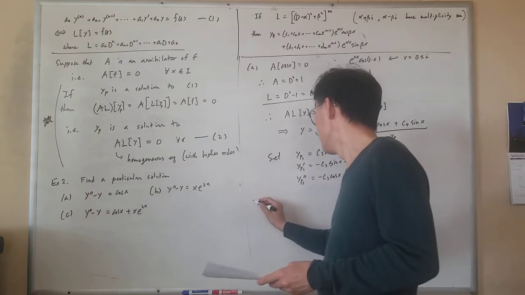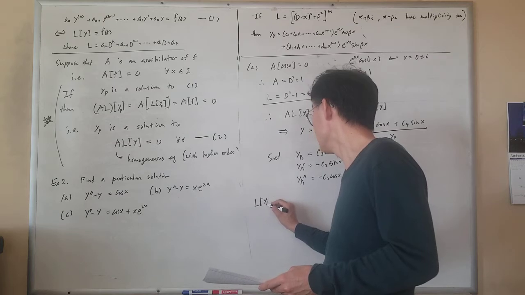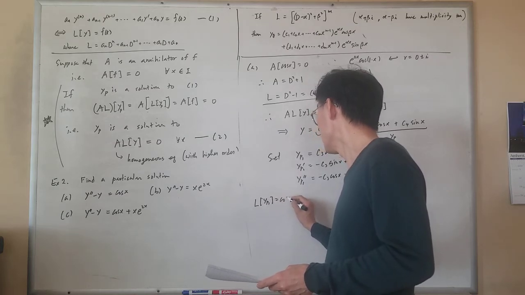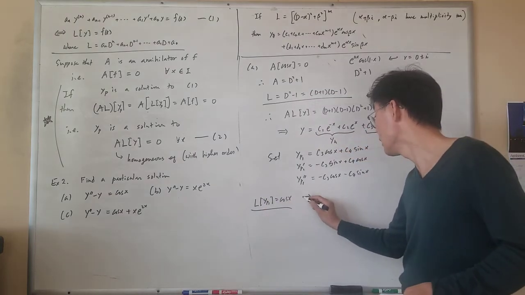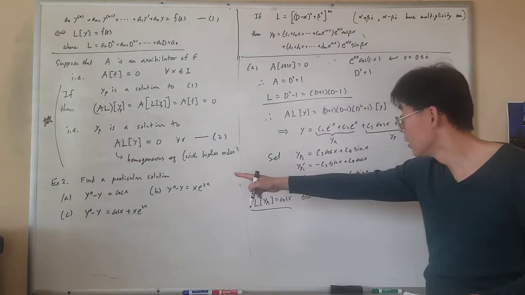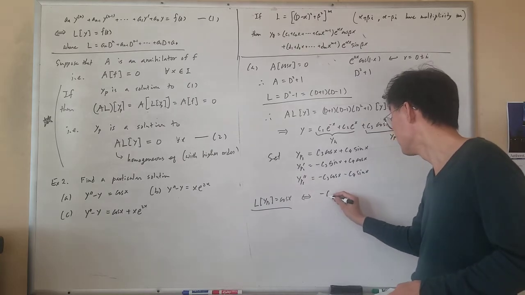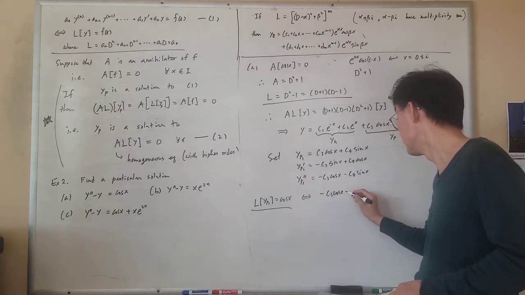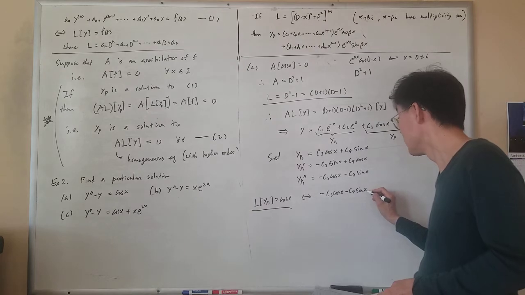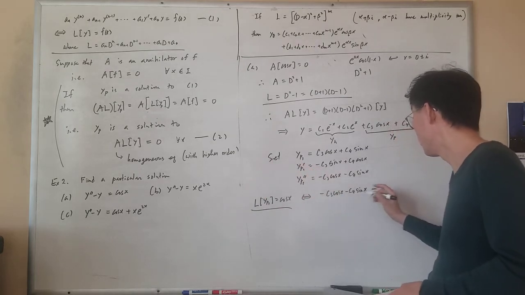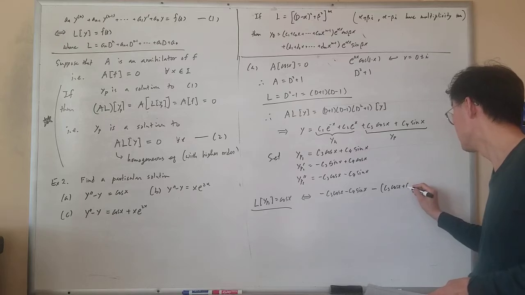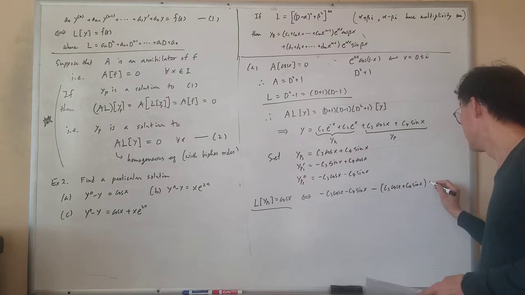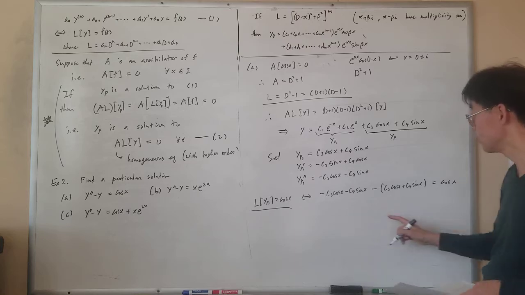So, from L of yp1 equals cosine of x, okay? We want this to be a particular solution, which means that yp1 double prime minus yp1 equals cosine of x, right?